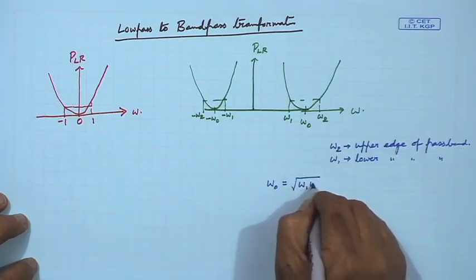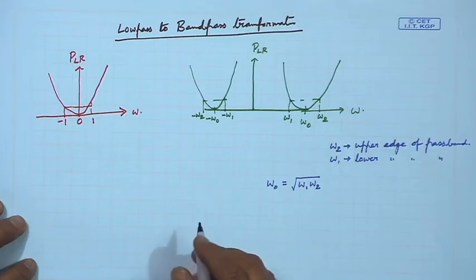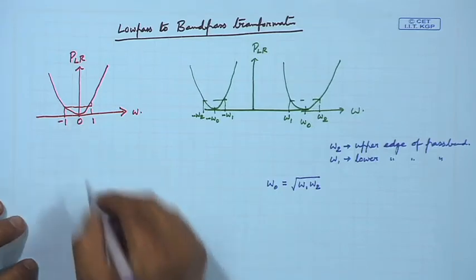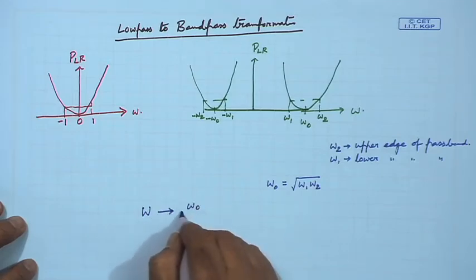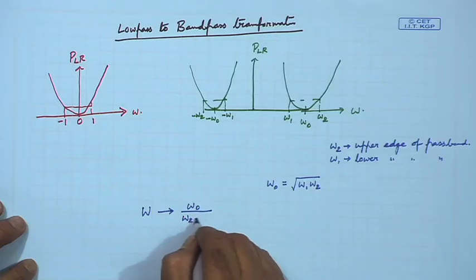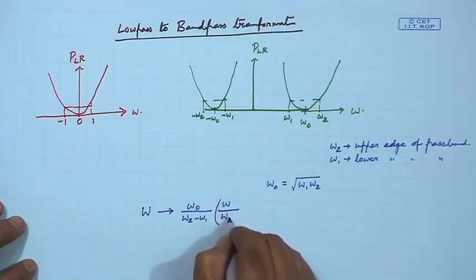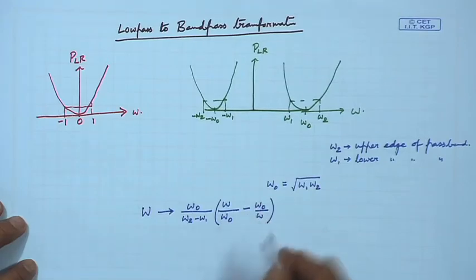That is why generally we take omega naught squared equal to omega 1 omega 2. If we take that, the transformation is that omega of the prototype should be changed like this: omega naught by omega 2 minus omega 1, into omega by omega naught minus omega naught by omega.